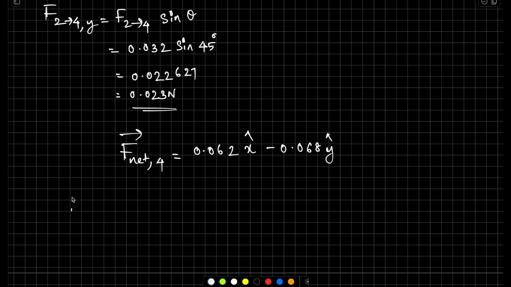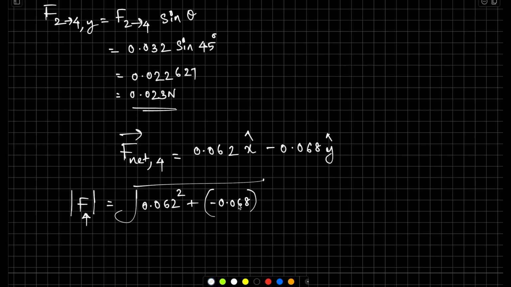Let's find the magnitude of this vector, F net 4. How do you find the magnitude of a vector? You use the Pythagorean theorem. Square root of 0.062 squared plus negative 0.068 squared. Make sure you put the negative number inside the bracket.